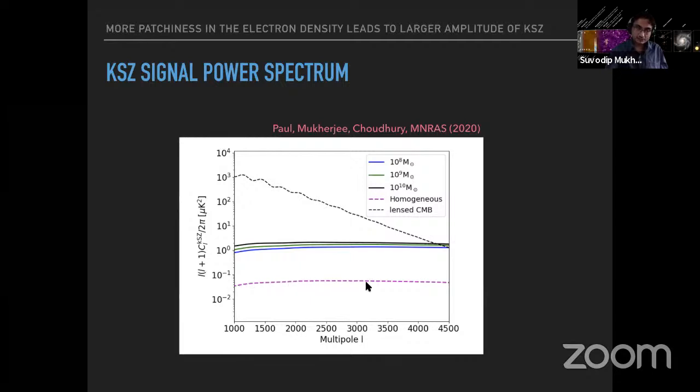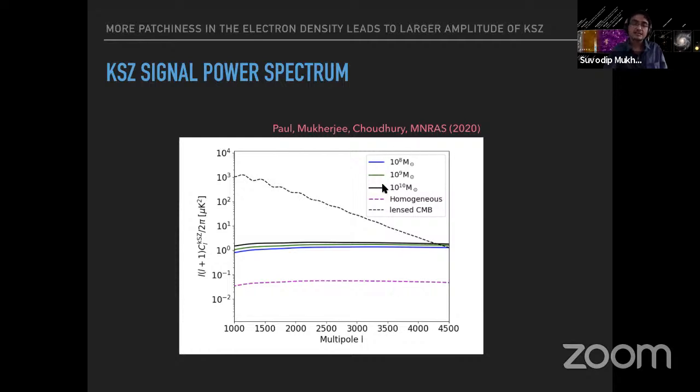That's the magenta curve which I'm showing here. On the y-axis, I'm showing the power spectrum, L into L plus 1 over 2 pi times C_L, and on the x-axis, the multipoles. So this is the typical power you will expect during the epoch of reionization, even if the reionization is driven by a homogeneous scenario, homogeneous electron density.